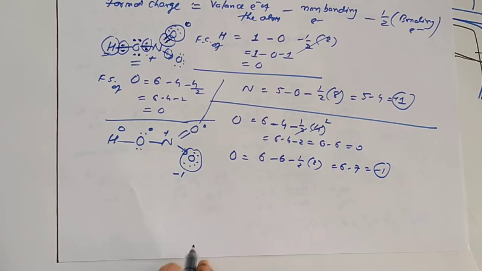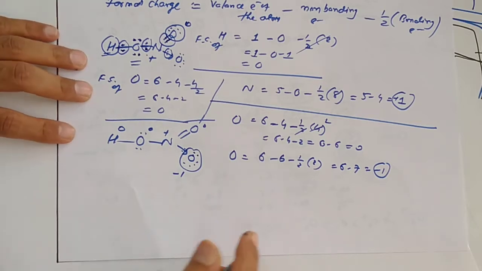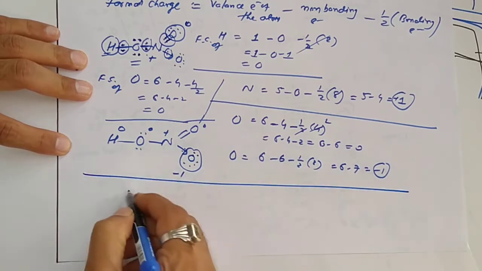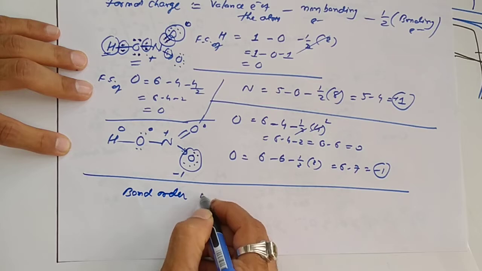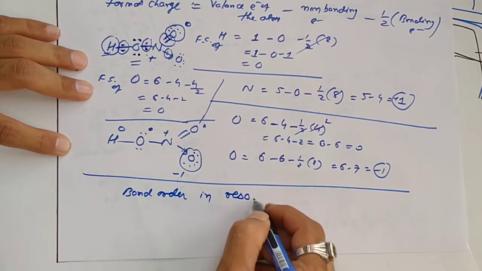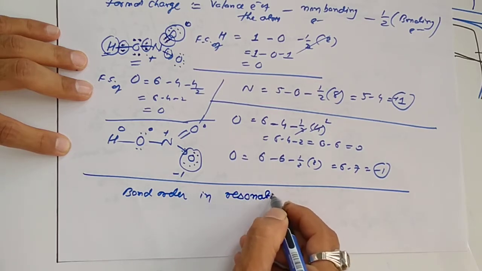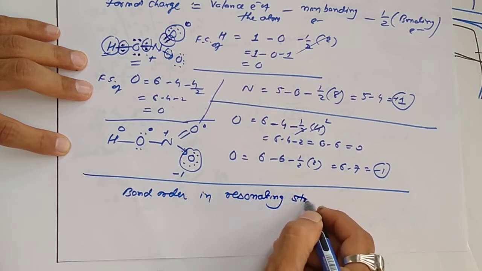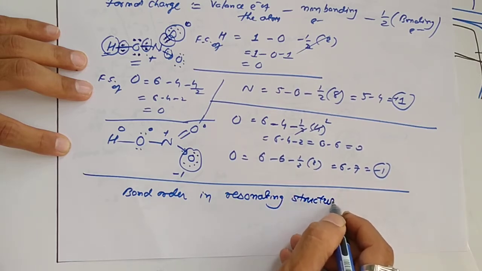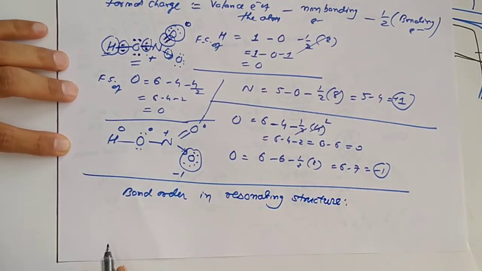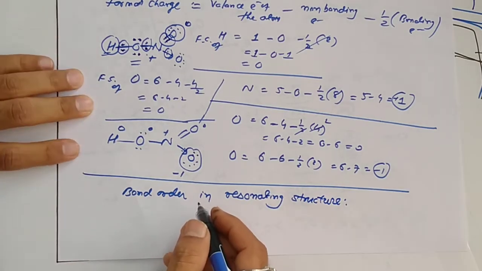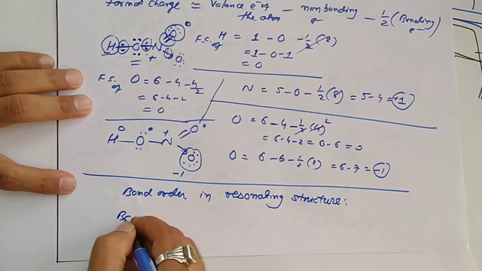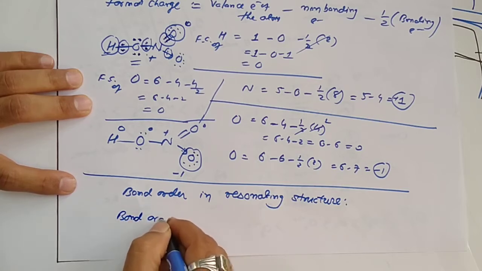Now, bond order in resonating structure. What will the bond order be in a resonating structure? So there is a trick formula.